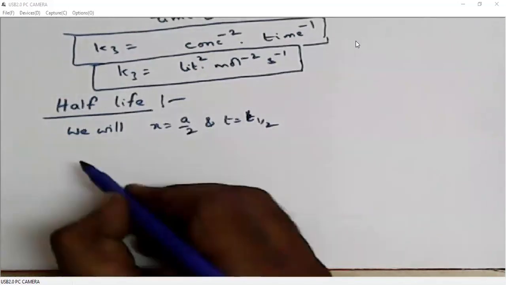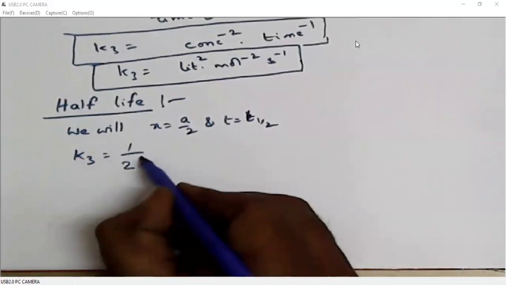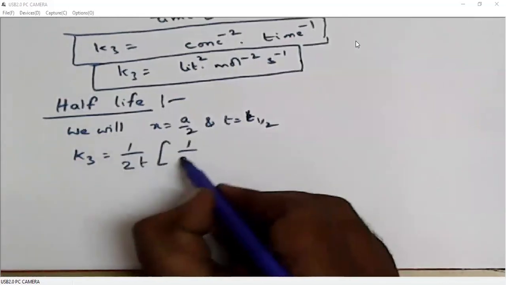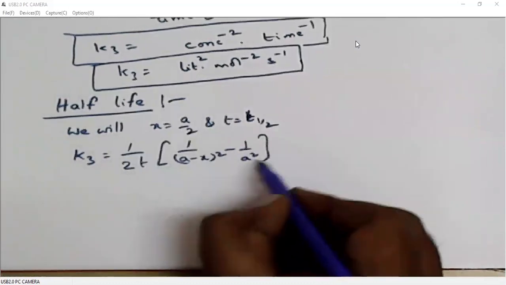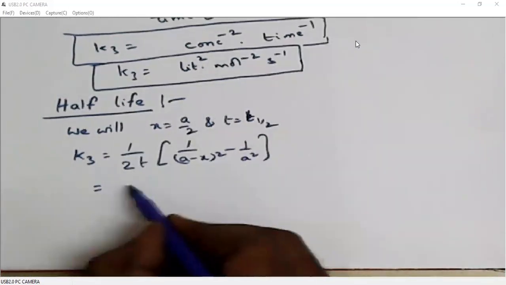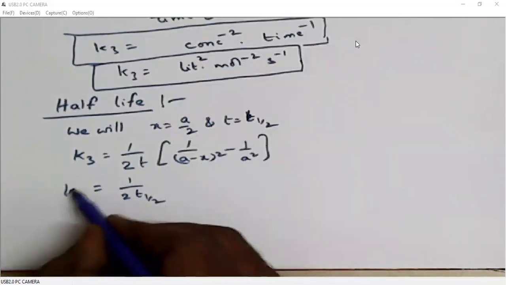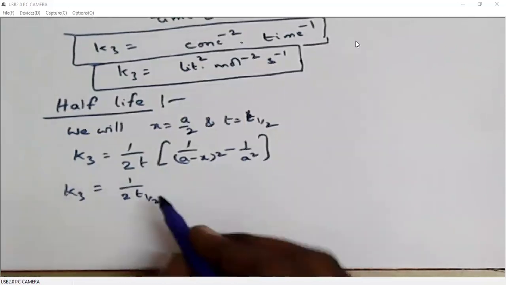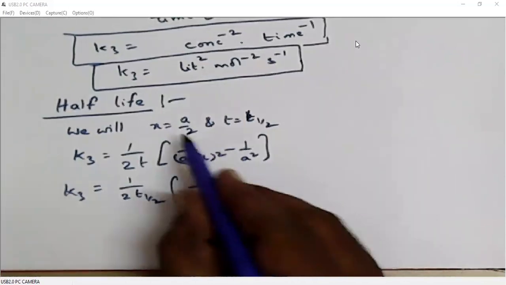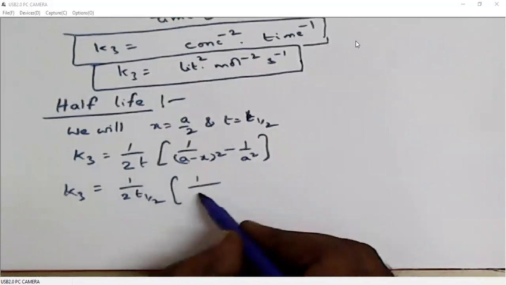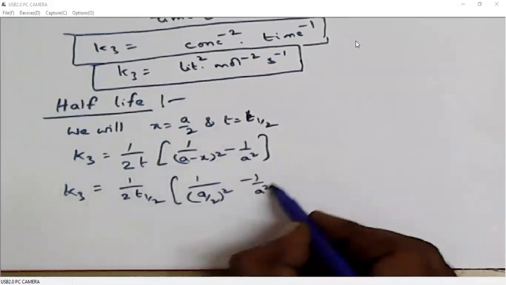What is the integrated rate expression for a third order reaction? k3 is equal to 1 by 2t into 1 by (a minus x) whole square minus 1 by a square. So when we substitute t half in place of t, k3 is equal to 1 by 2 times t half into 1 by (a minus x) whole square. What is x? a by 2. a minus a by 2 becomes a by 2 whole square, minus 1 by a square.